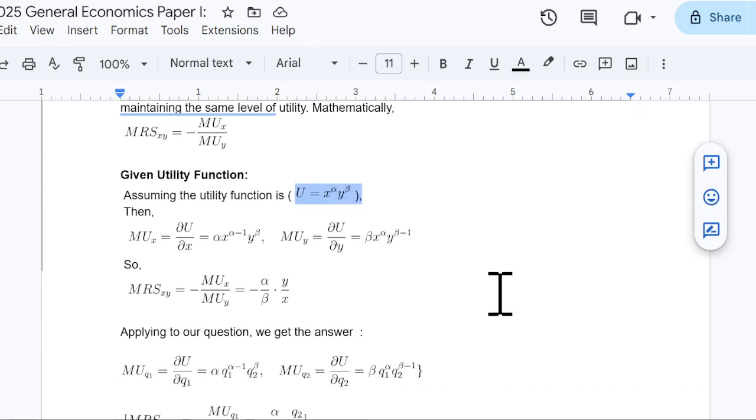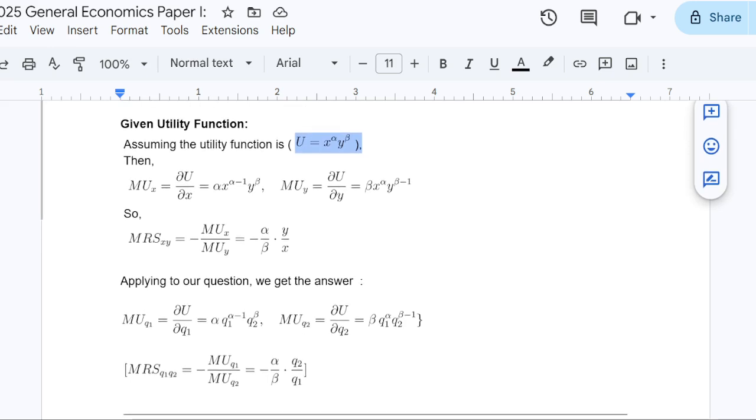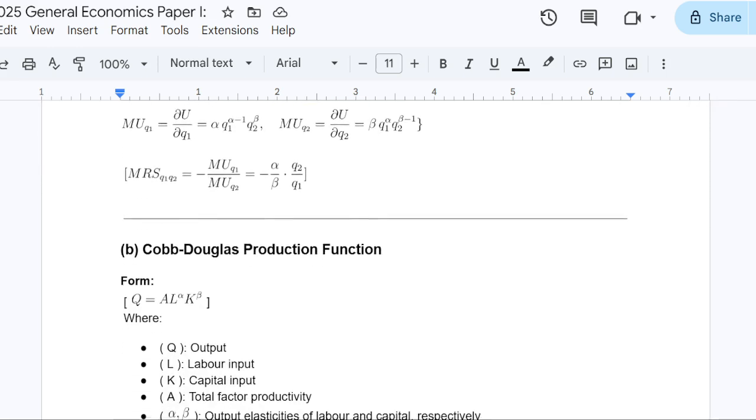That was our utility function, and similarly q1 is your x and q2 is your y respectively, and you find the partial derivative with respect to each. You will get this and put them in their positions. So negative alpha by beta divided by y by x. In the place of y you can write q2 and in the place of x you can write q1. All right, so that is done for the part one question, number one.